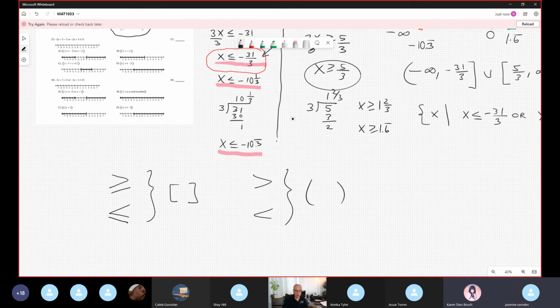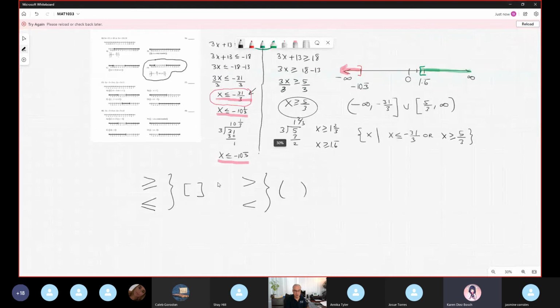It's easy to remember. Equal sign, bracket. No equal sign, parentheses. Boom. That's the only information. Another important piece of information is if it's greater than, it is to the right; if it's less than, it is to the left. Clear? Yes, got it.